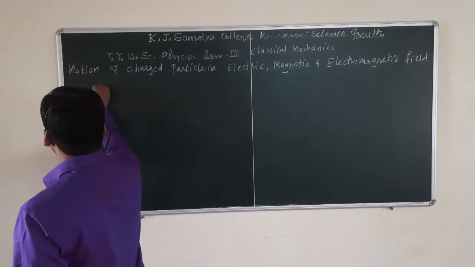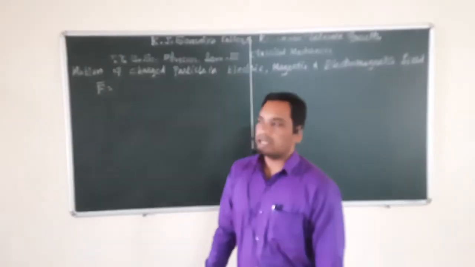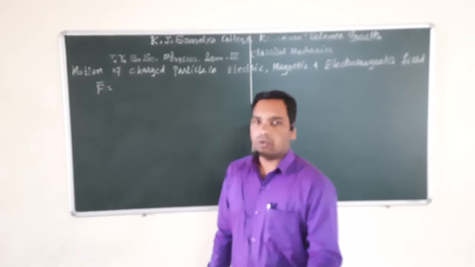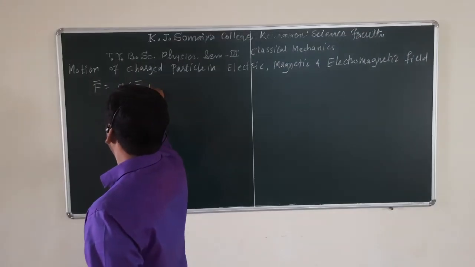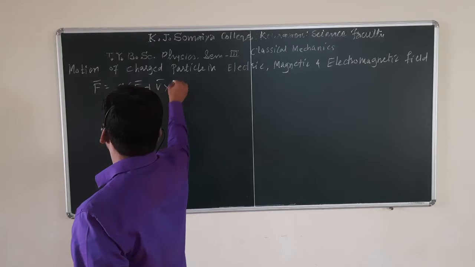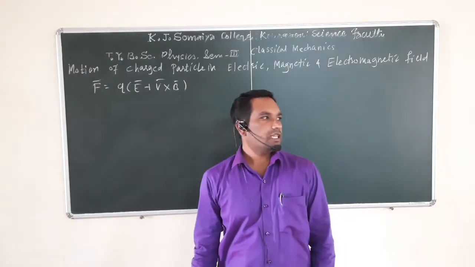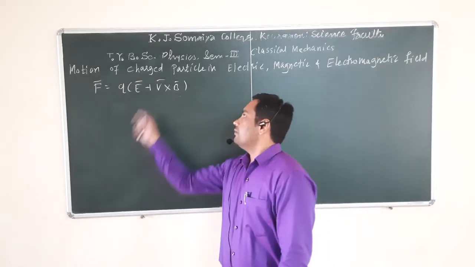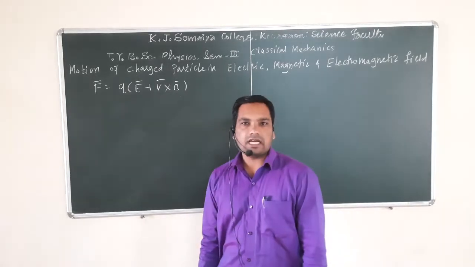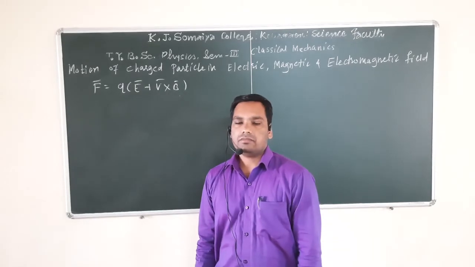The force exerted by this electric and magnetic field is equal to q into (E plus v cross B). Here q is the charge on that charged particle, E is the electric field intensity, v is the velocity of that charged particle, and B is the magnetic field induction.